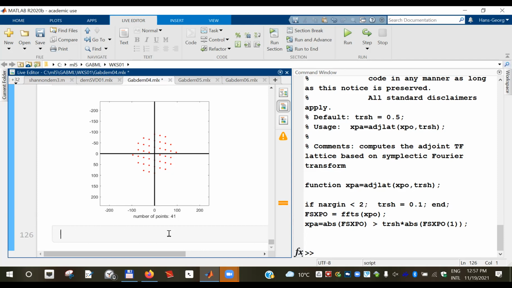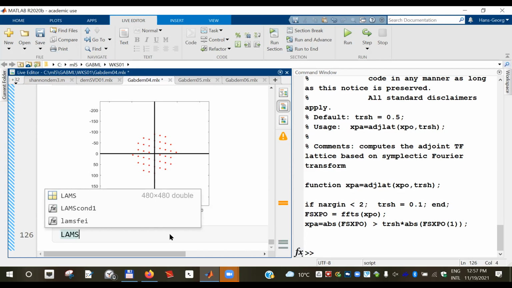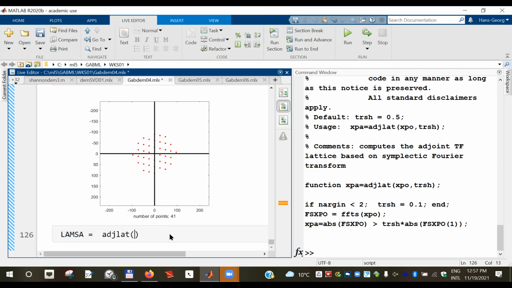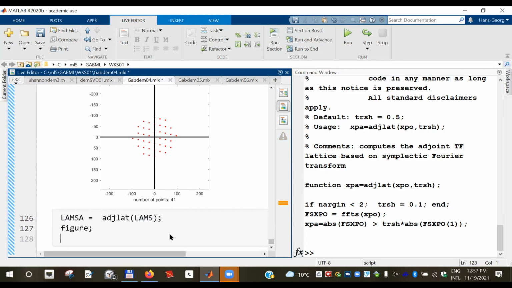Now we are not able to follow these formulas now, but I would like to demonstrate to you only that there is an adjoint lattice, which is Lambda's adjoint, which is computed by way of the FFT of Lambda. And I just want to show you that this looks in the same way.